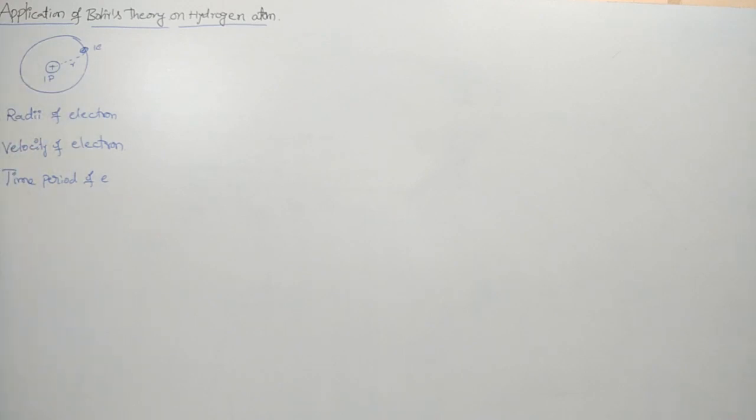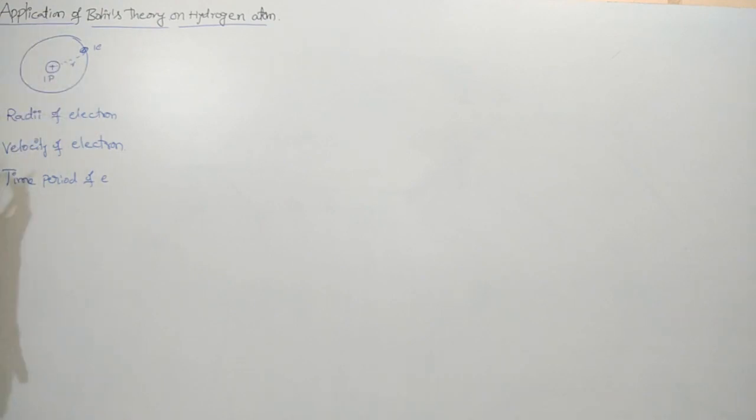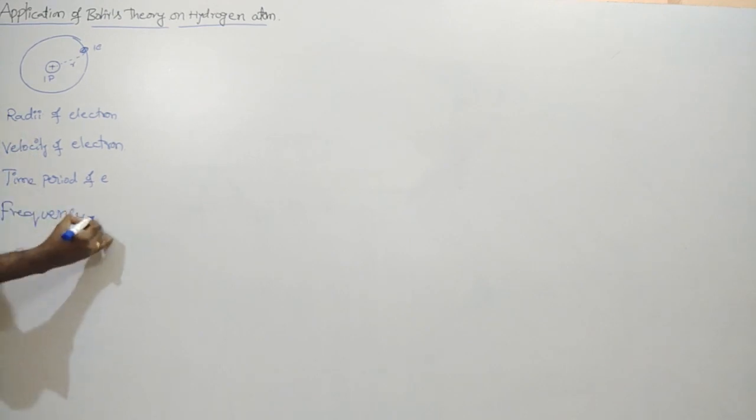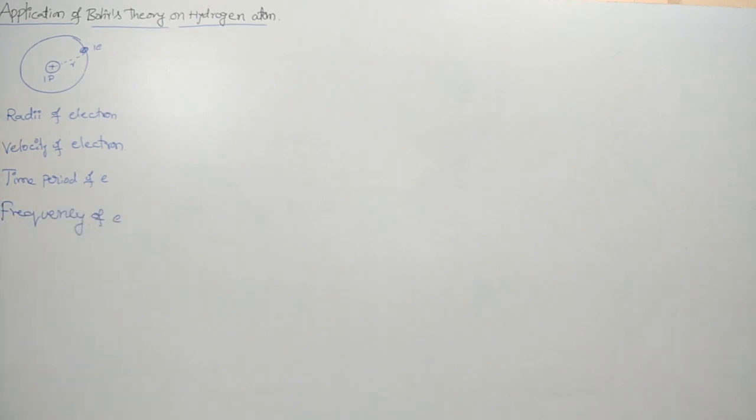If the electron is revolving in a particular orbit, we can find out how many revolutions it completes in 1 second. That is named the frequency. So the frequency of the electron we need to find out.